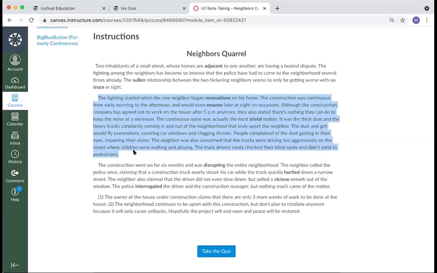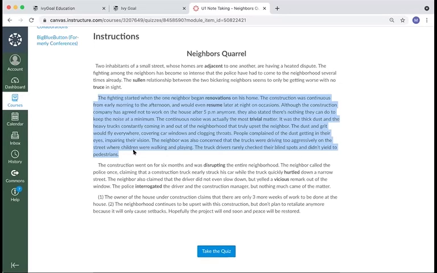The continuous noise was actually the most trivial matter. It was the thick dust and the heavy trucks constantly coming in and out of the neighborhood that truly upset the neighbor. The dust and the grit would fly everywhere, covering car windows and clogging throats.